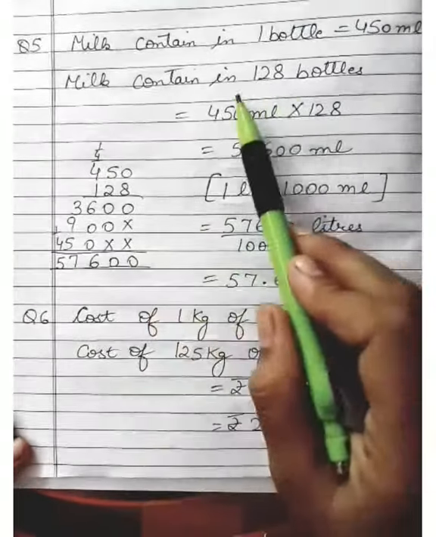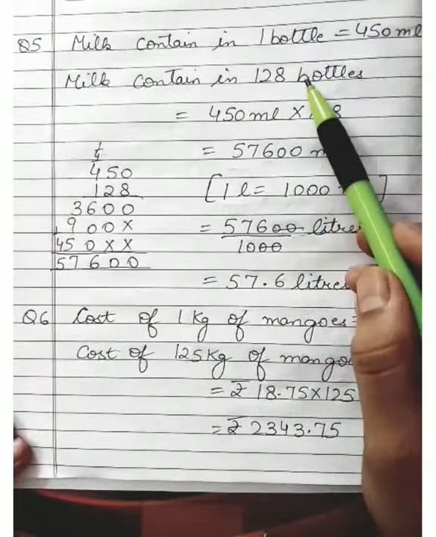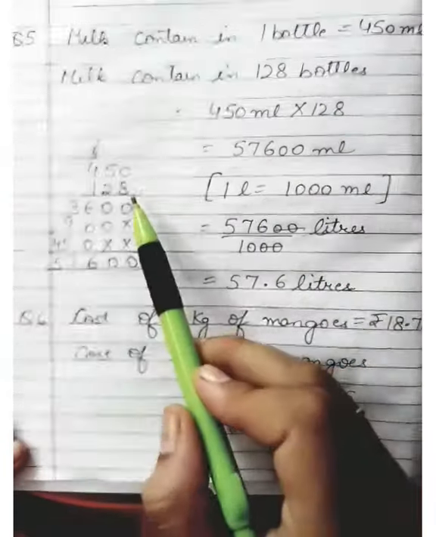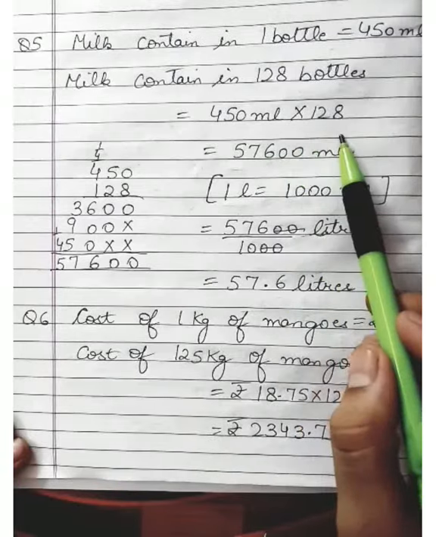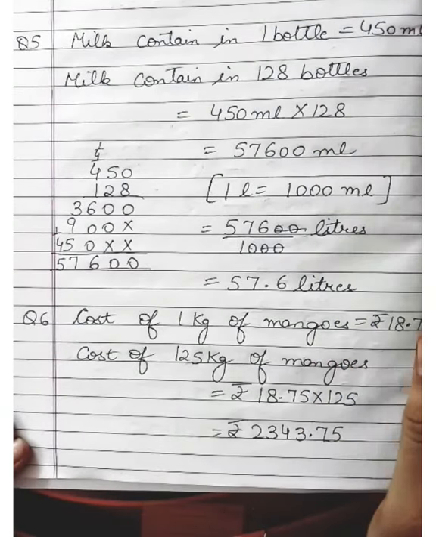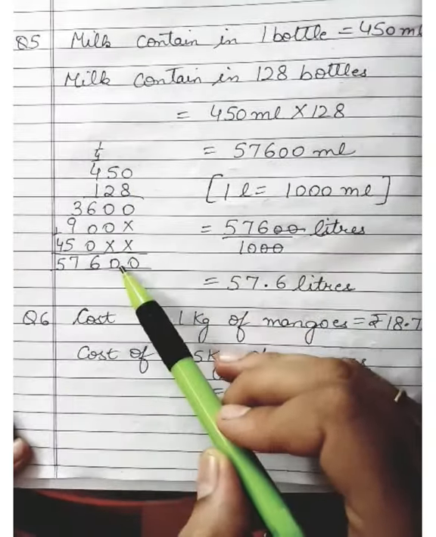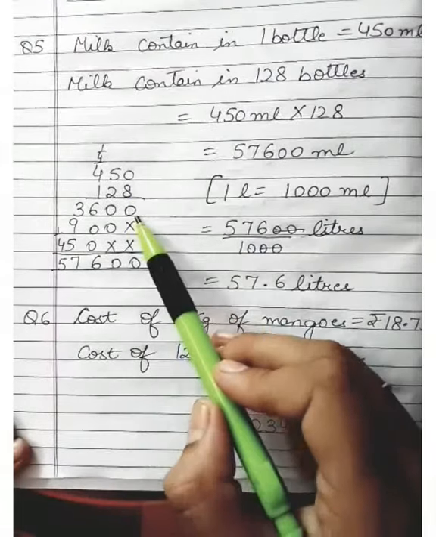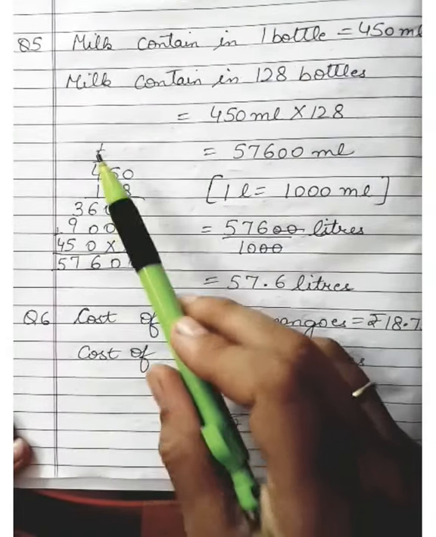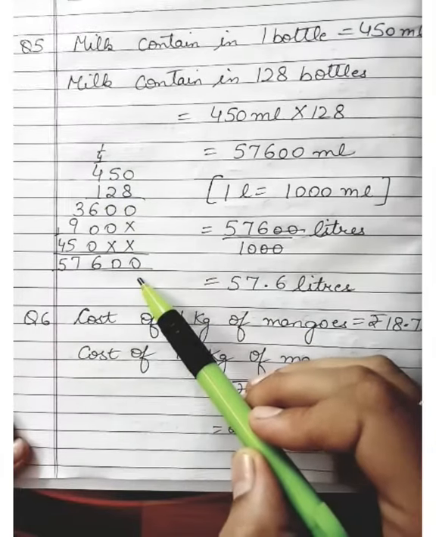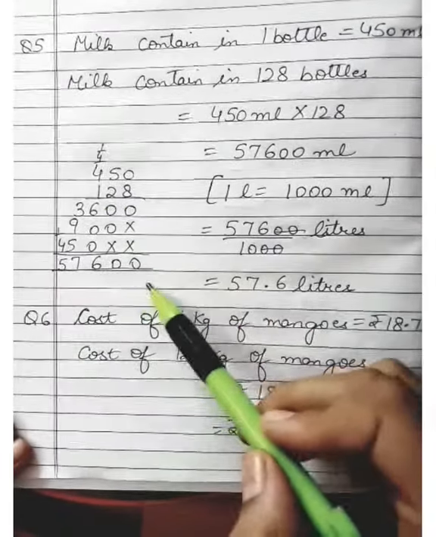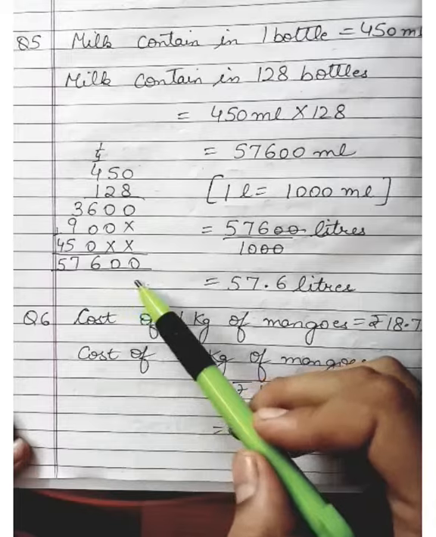Milk contained in 128 bottles, one to many, again we multiply. This is simple multiplication, no decimal point is there, simply you have to perform multiply. 8 into 0 is 0, 8 into 5 is 40. Similarly you can perform 3 steps and then add them, you got the answer 57600.